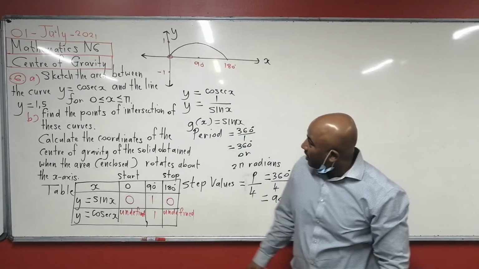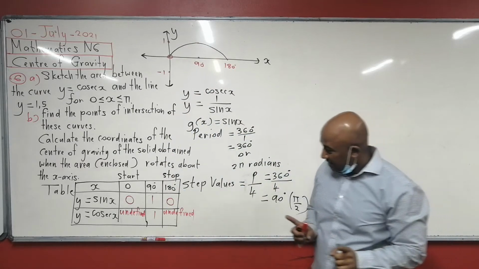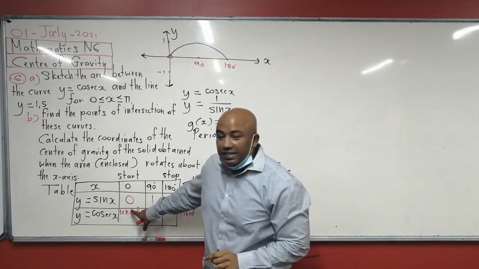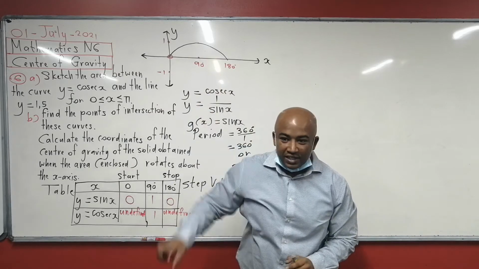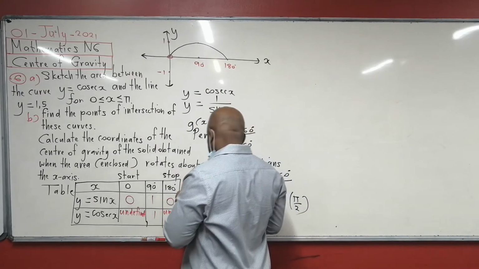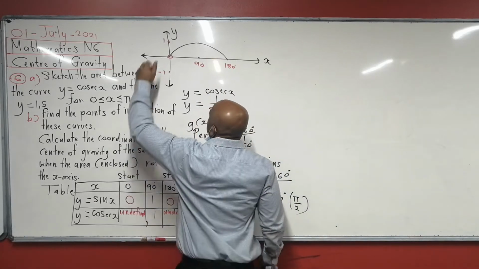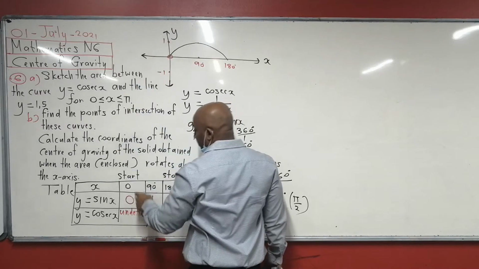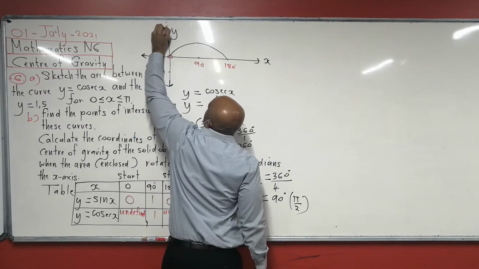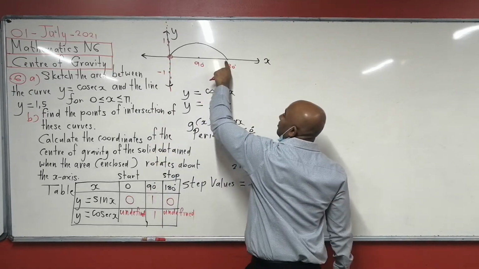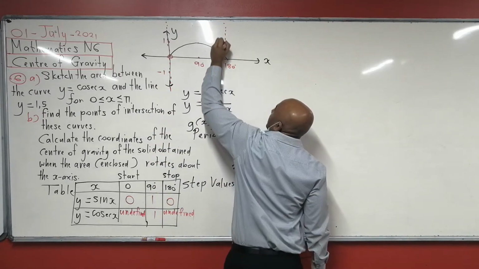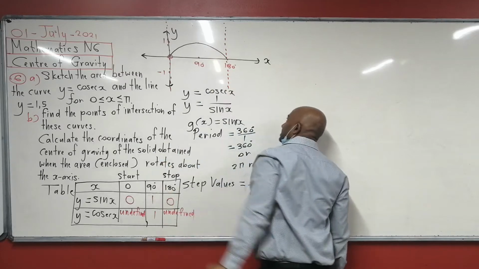Now, for the cosec graph, wherever you see sine equal to 0, okay, you draw a vertical asymptote there. So where is it undefined? At 0 degrees. So that is your asymptote there at 0. Where else is it undefined? At 180 degrees. You draw an asymptote there.